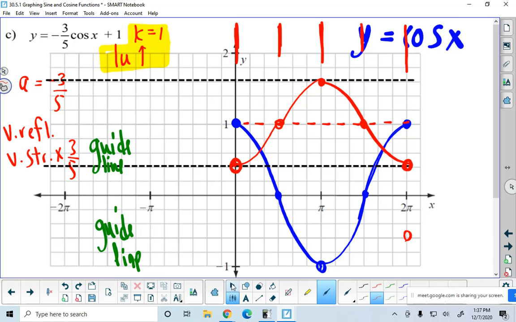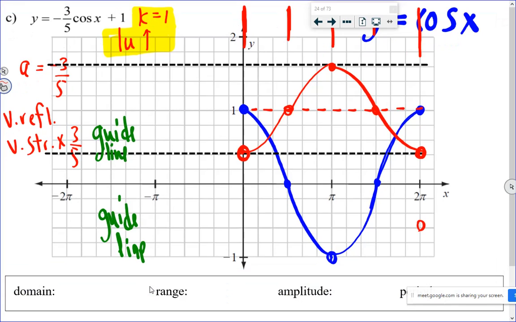So no questions? All right, you should be able to, based on that graph now, tell me the domain, range, amplitude, and period.